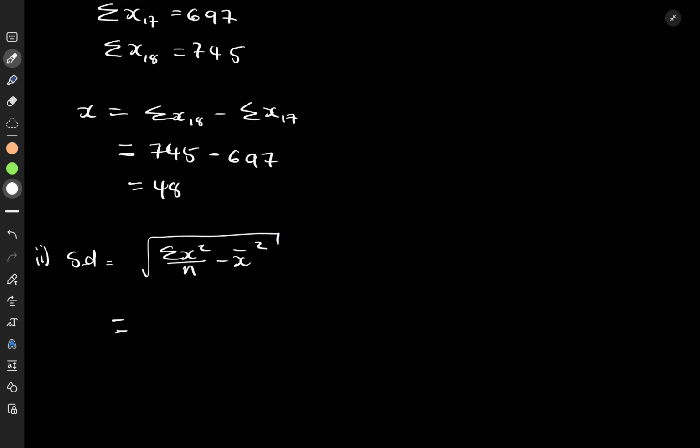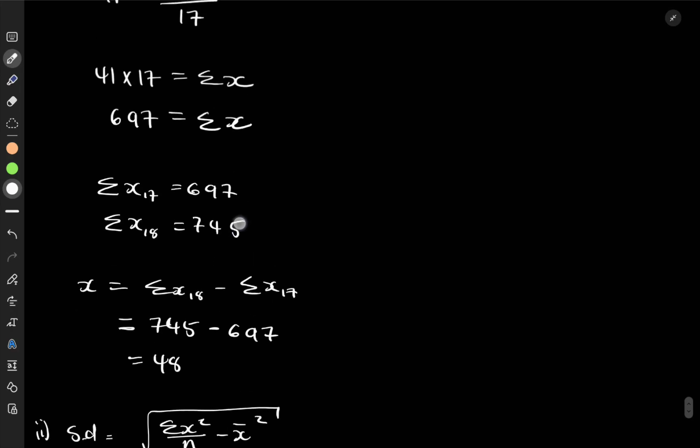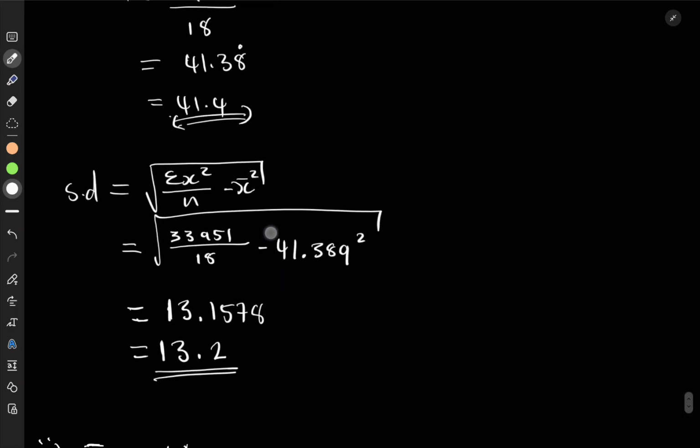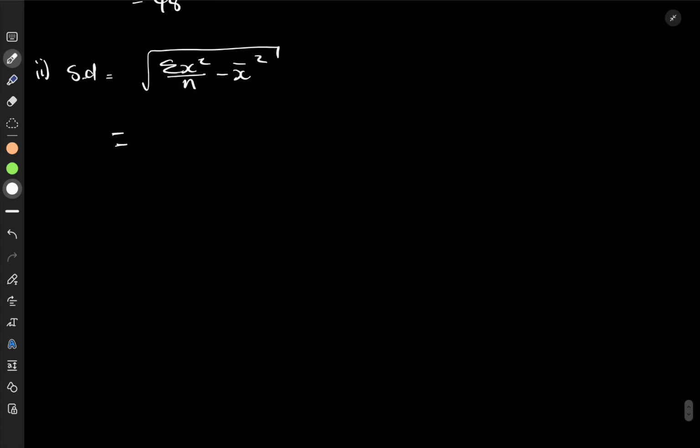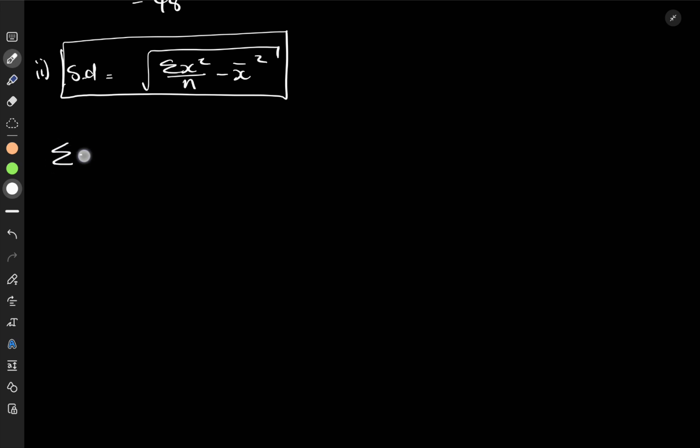And what is it? Do I have the sum of x squared? This is now something very interesting, okay? Because what do I know? I know that I had the sum of x squared for 18 people, right? Now I can have the sum of x squared for me to be able to do this formula. I can say that I have the sum of x squared for 18 people.